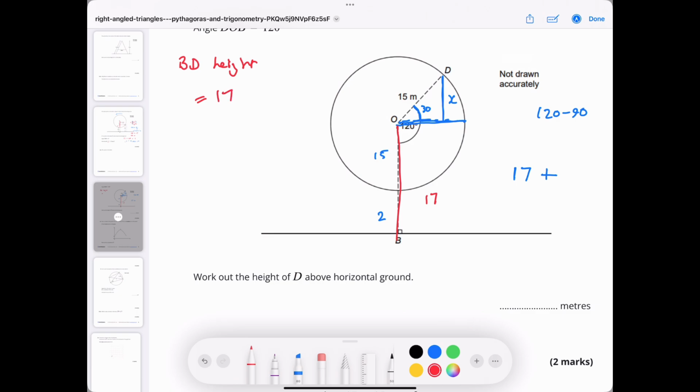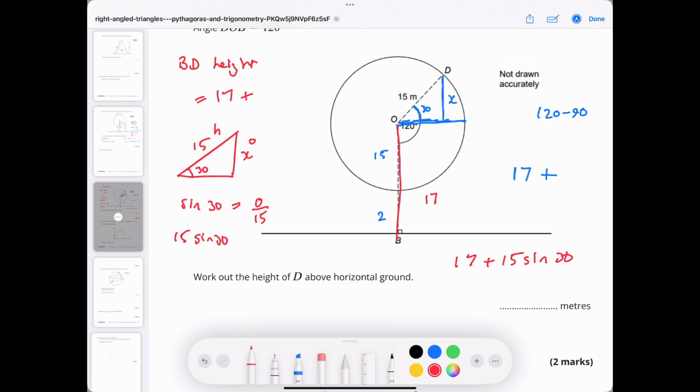BD height equals 17 plus, if we redraw the triangle, 30 and 15, so that would be opposite, and that's hypotenuse, so sine of 30 equals opposite over 15, so 15 sine 30. So it's going to be 17 plus 15 sine 30.